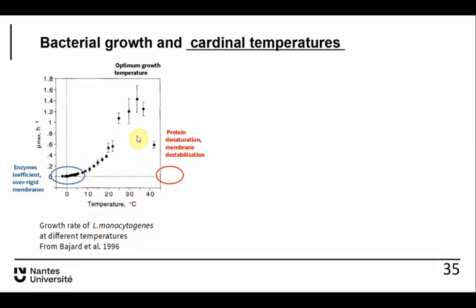This is Listeria monocytogenes, which is kind of unusual because it can still grow, even slowly, down at about 4 degrees C. So that's why Listeria monocytogenes is the one that causes you problems when you've eaten some old ham that's been sitting in your fridge for the last week or so.